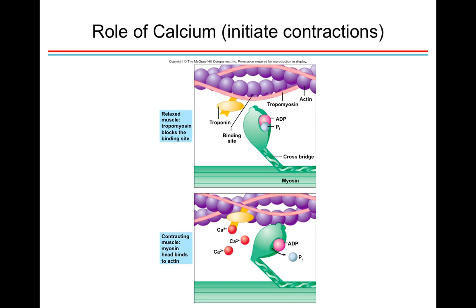So you can see here that the tropomyosin that was previously blocking myosin from binding actin has been moved by the troponin binding calcium. So basically it becomes activated. When this happens, the myosin can attach to the actin, and this is absolutely critical for muscle contraction.